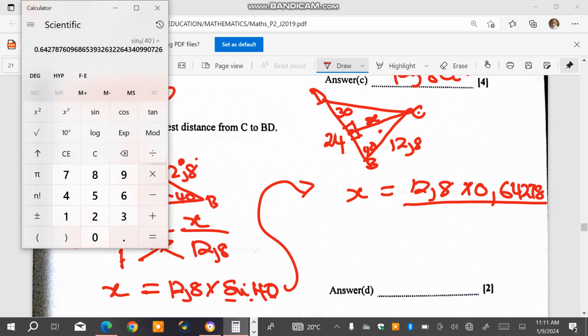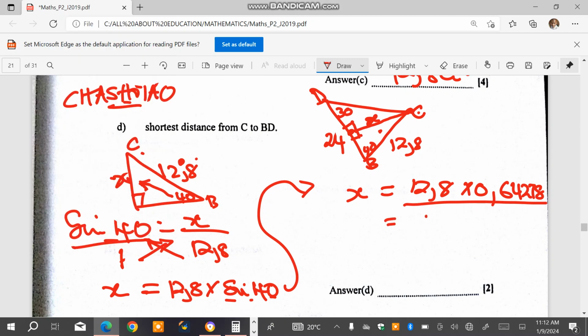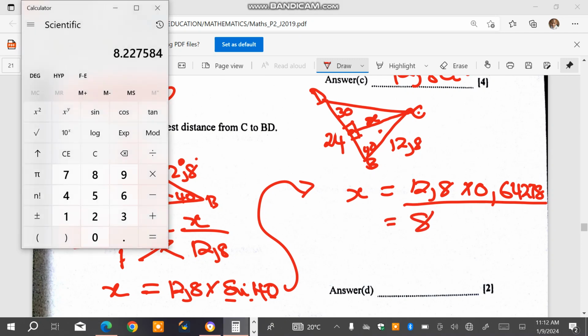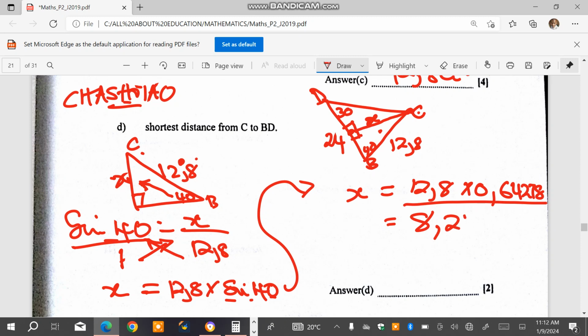Times 12.8. So it will be 12.8 times 0.64278. We are going to obtain 8.222, which is going to give us 8.23 centimeters. Done.